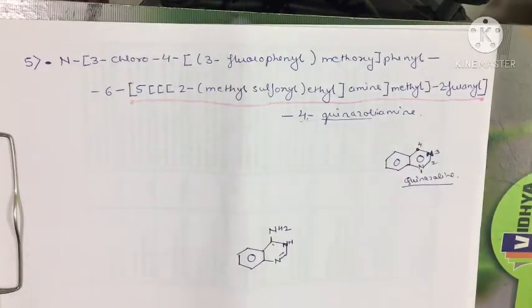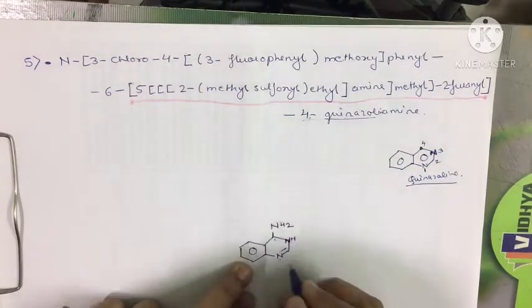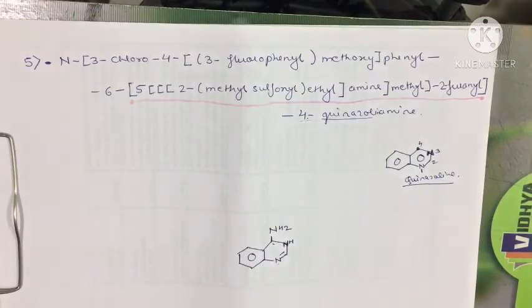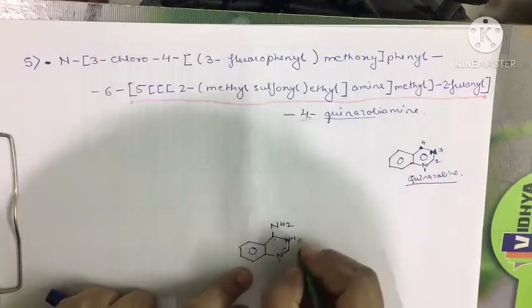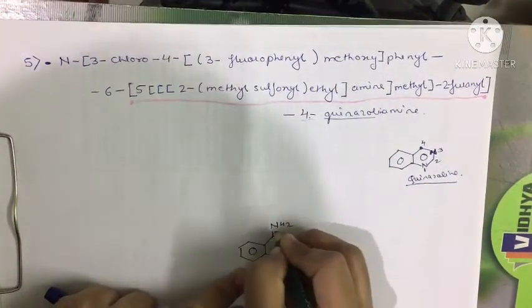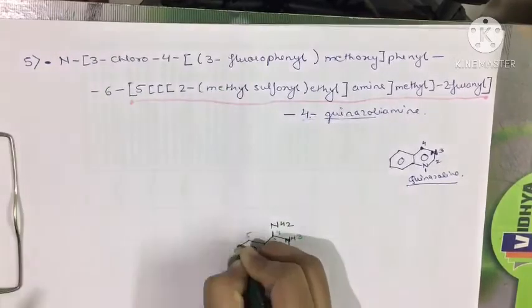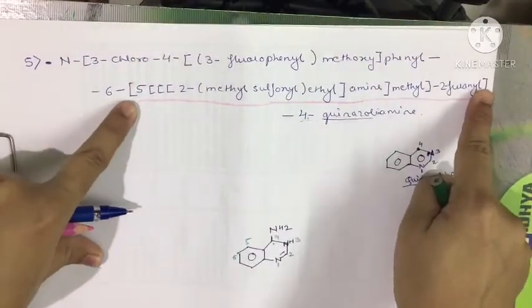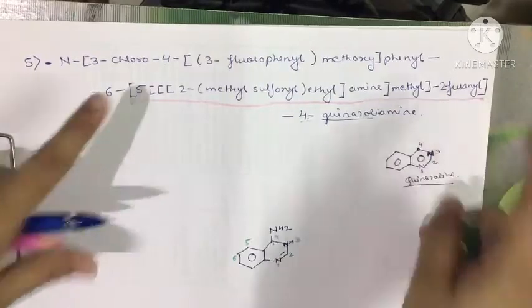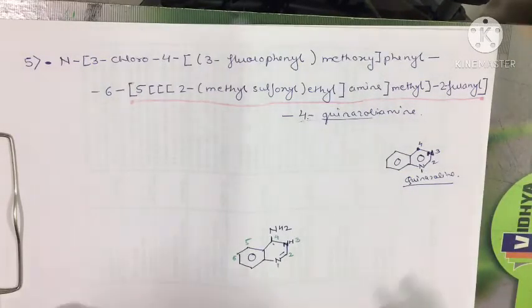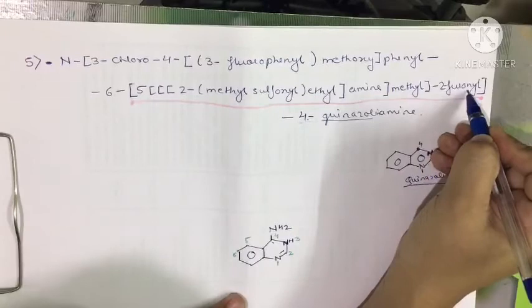So we will number it. This is 1, this is 2, this is 3, 4, 5 and 6. So 6th position we have this complete big square bracket. So we will try to name it. We are having 2-furanyl.